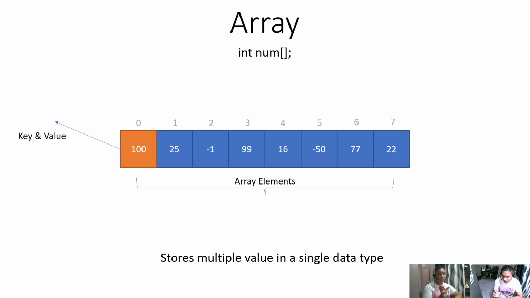The key is the one that holds the reference to the value, right? So when you want to get 22, you should use num 7, because all of these boxes are num, that is a num array, but every box has a key for us to reference.